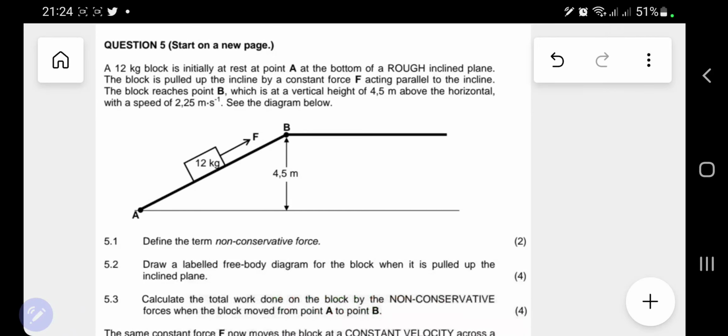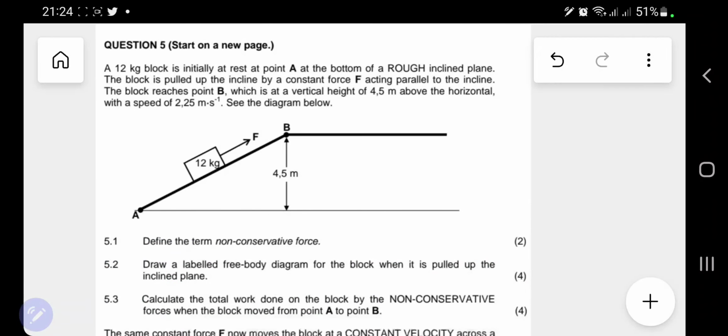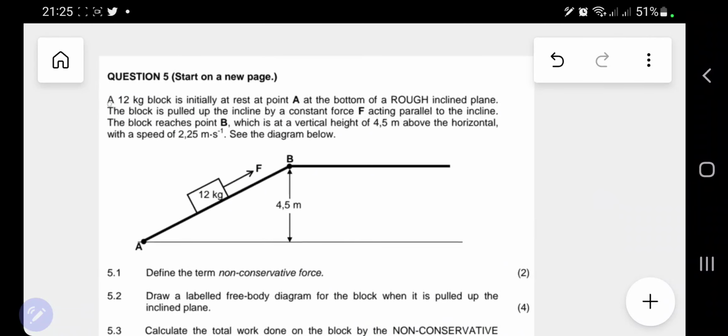Yes. So let's read the question. Question 5 says a 12 kilogram block. It's initially at rest from point A at the bottom of a rough inclined plane.